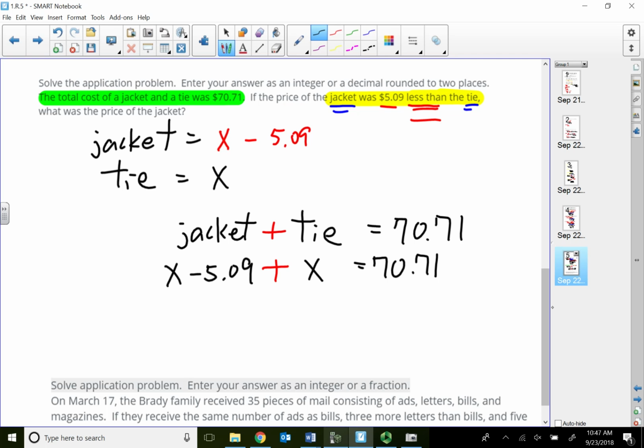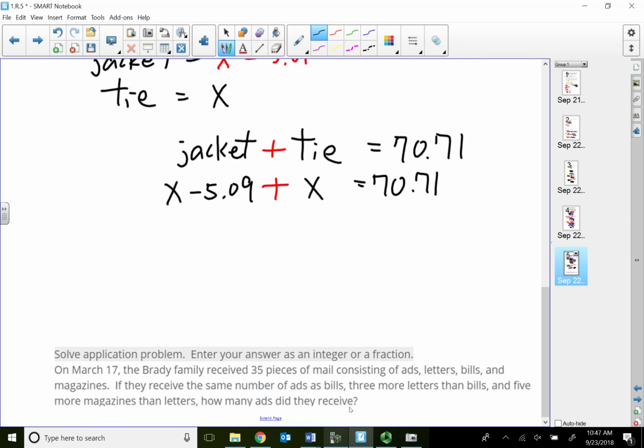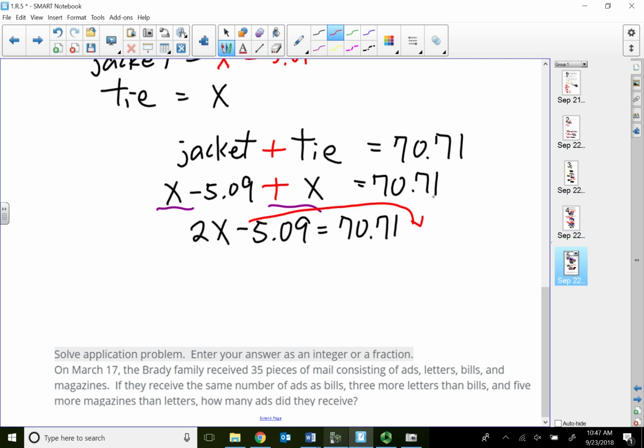Once we write out the equation, we just solve it like a regular equation. Combine like terms on the left side, because none of the terms has parentheses. On the left side, x and positive x can be combined as 2x. Negative 5.09 is still there, equals 70.71. Now I'm going to move my $5.09 to the other side.